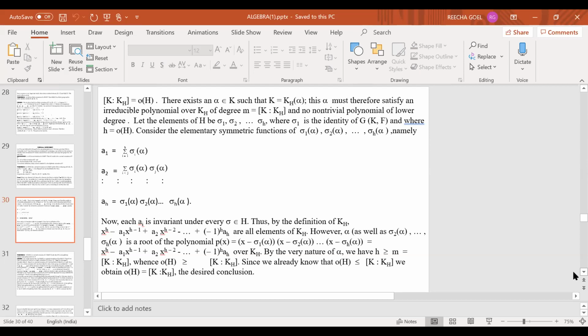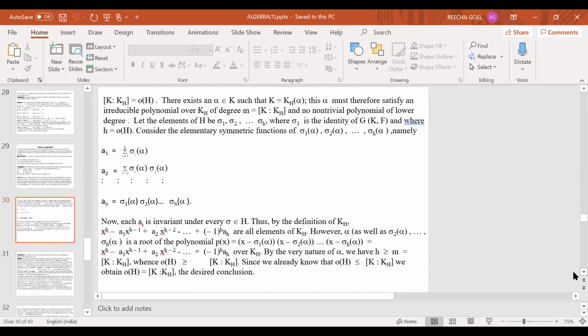So now, because these are all elementary symmetric functions, with the help of this I can form this equation: x raised to the power h minus A1 x raised to the power h minus 1 plus A2 x raised to the power h minus 2, and so on. These are all elements of KH. However, alpha as well as sigma 2 alpha, up to sigma h alpha, is a root of this equation, because this can be written in this particular fashion.